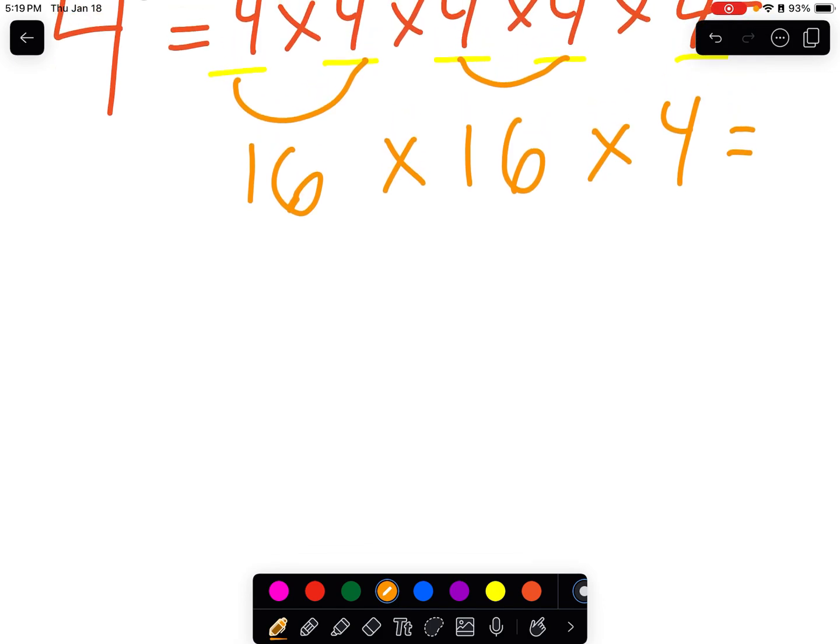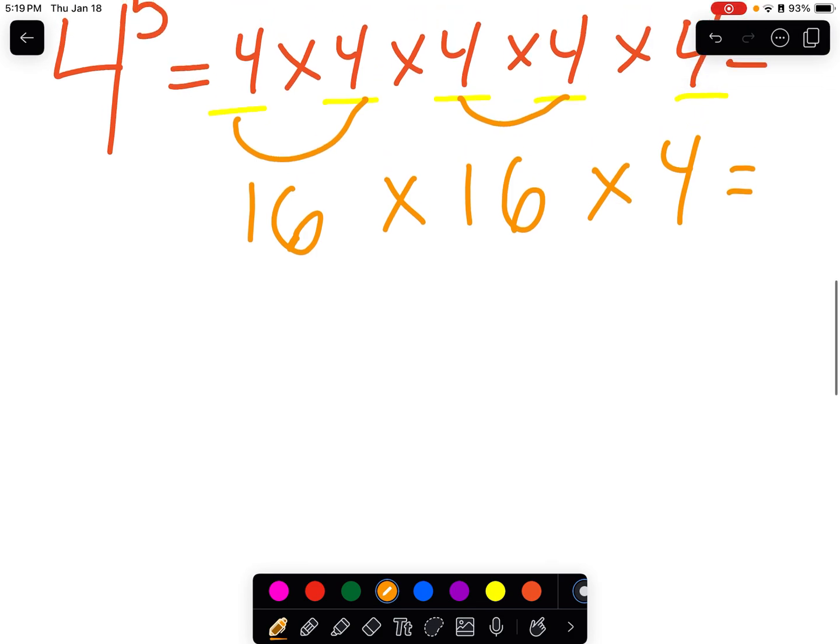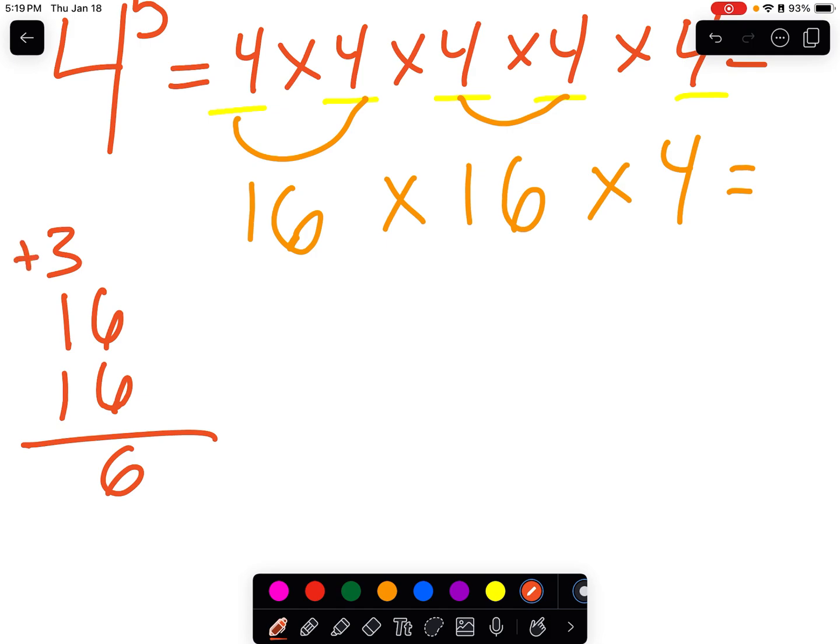So now let me start by doing 16 times 16. I don't actually know that off the top of my head, so let me write it out. 16 times 16, well, 6 times 6 is 36, carry the 3. 6 times 1 is 6, add 3, that's 9.